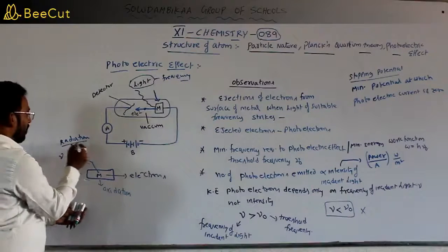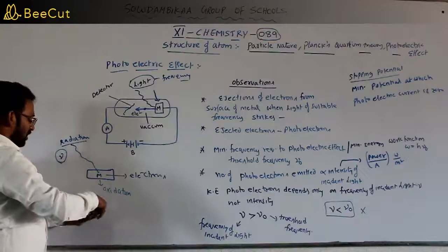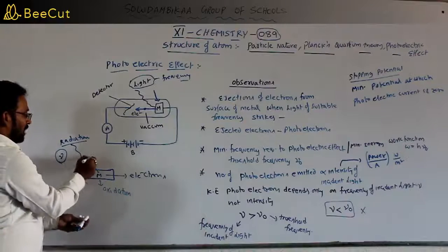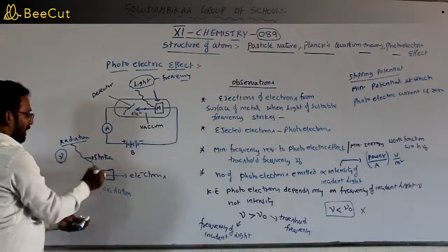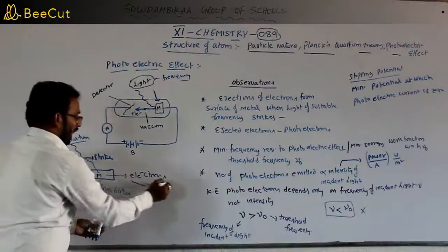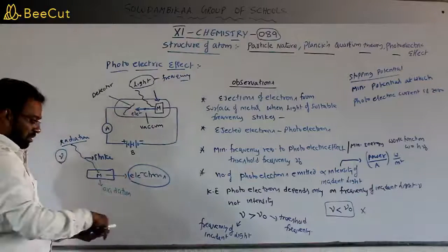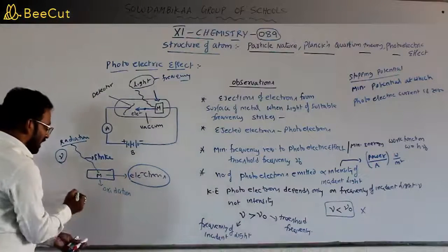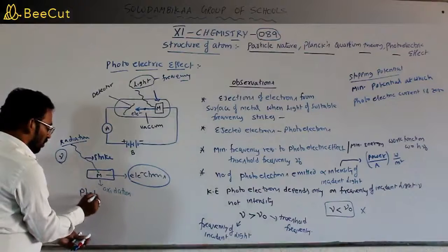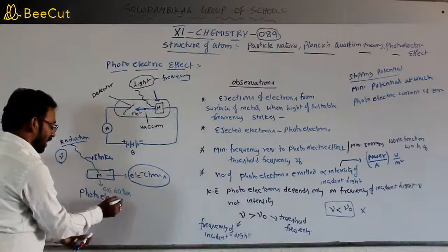So when radiation of frequency nu hits or strikes a metallic surface and ejects some electrons, that phenomenon is called the photoelectric effect.